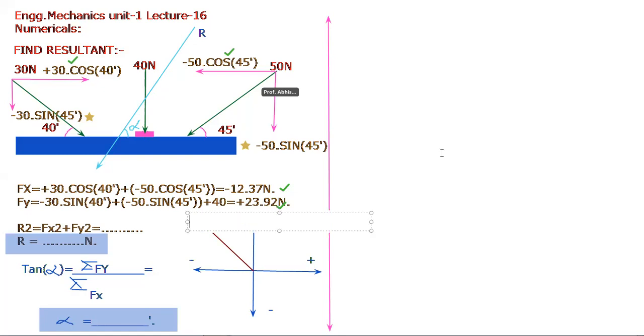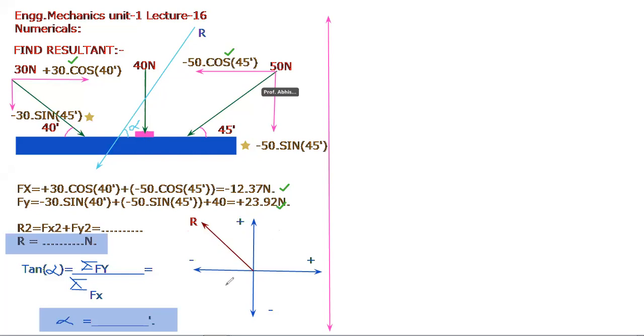This is clear from the values of Fx and Fy. You can see here value of Fx is negative and value of Fy is positive. So therefore your resultant will lie in second quadrant.